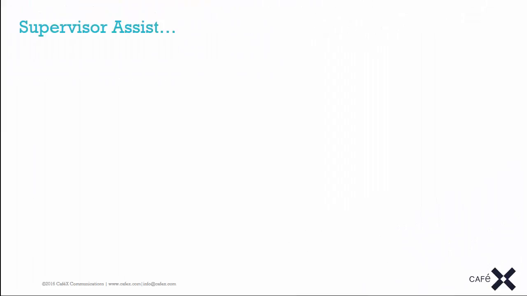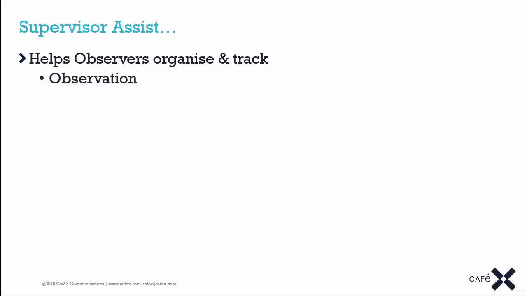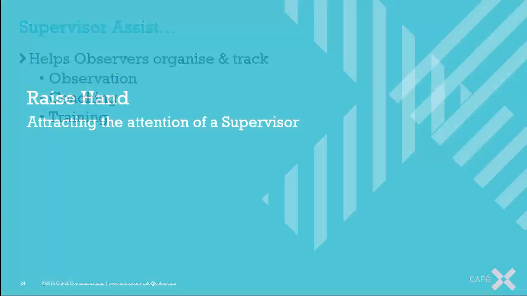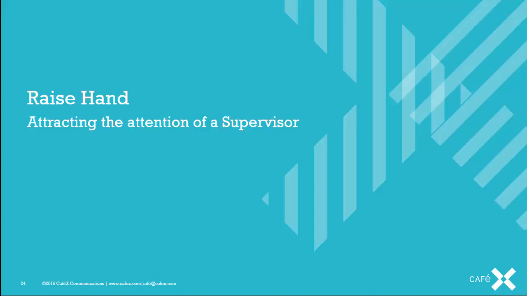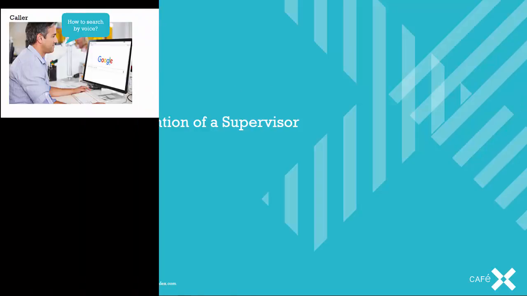Okay, so far we've seen how Supervisor Assist helps us as observers organize and track the observation, coaching, and training of our agents. Before we finish, though, there's one more feature I'd like you to know about: how observees can request help when they feel they need it. Let's roll back the previous how to voice search scenario and look at it from the observee perspective.